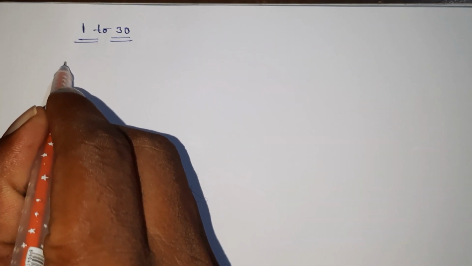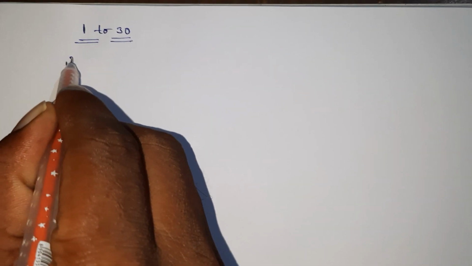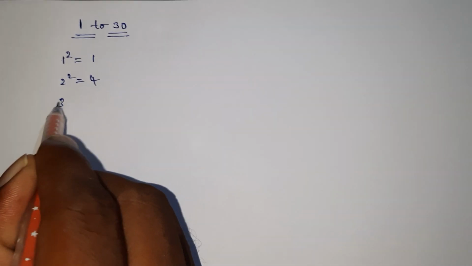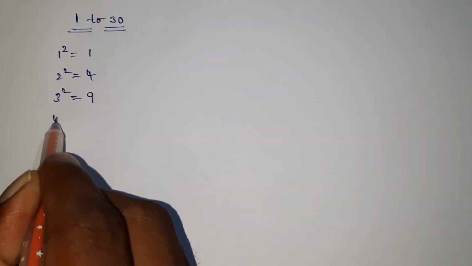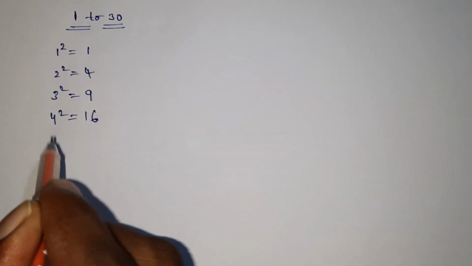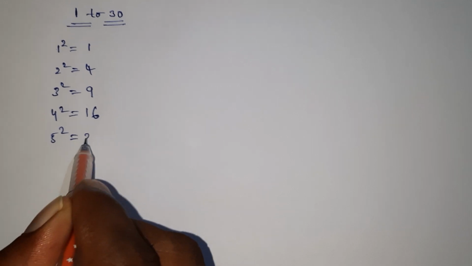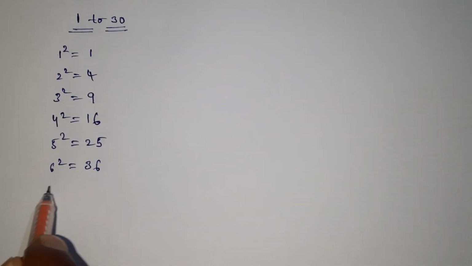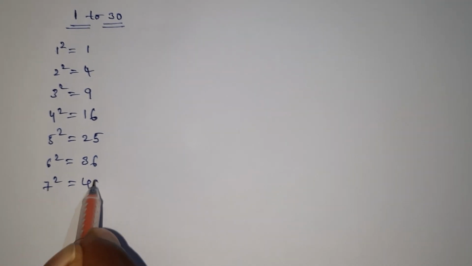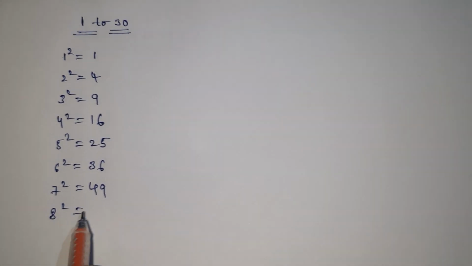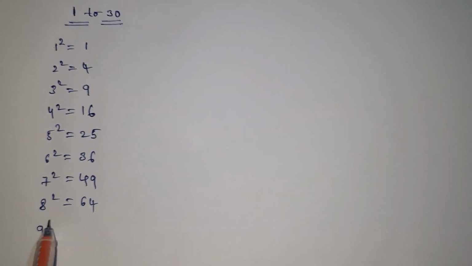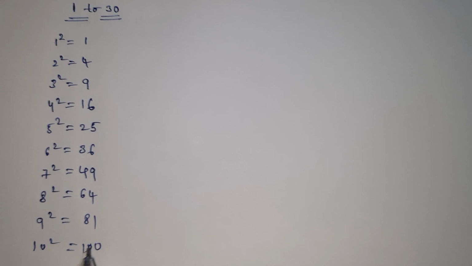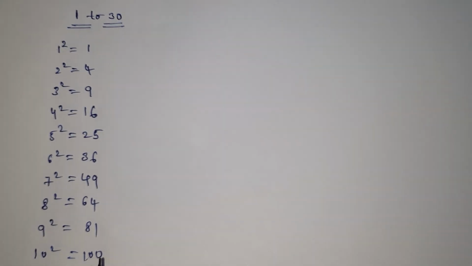So let's see. 1 square 1, 2 square 4, 3 square 9, 4 square 16, 5 square 25, 6 square 36, 7 square 49, 8 square 64, 9 square 81, 10 square 100. Everyone knows the squares from 1 to 10.